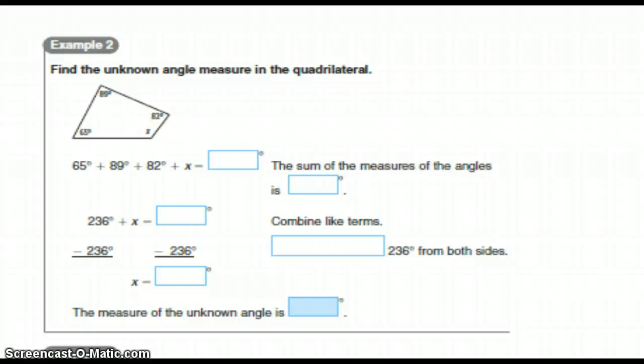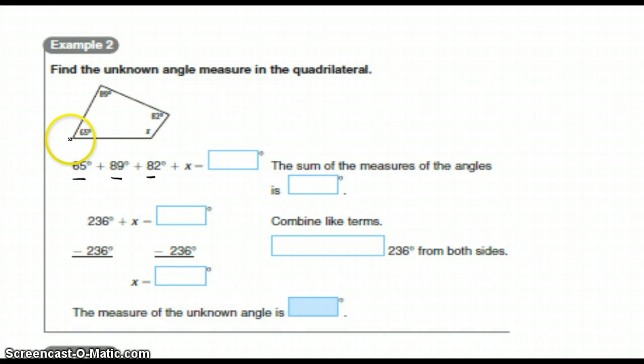So now that we know about triangles, we can use that information to do other polygons, and let's start with a quadrilateral. So we have the degrees 65, 89, and 82. Well, I'm not even sure how many degrees are in a quadrilateral.